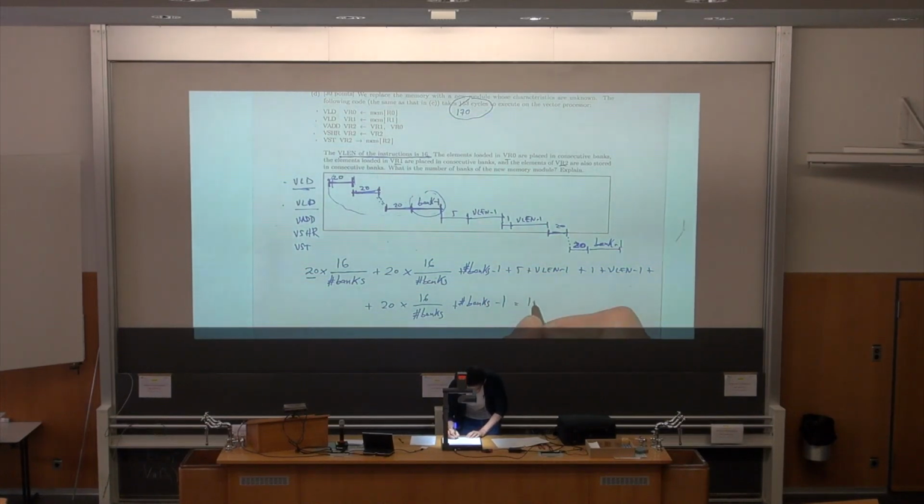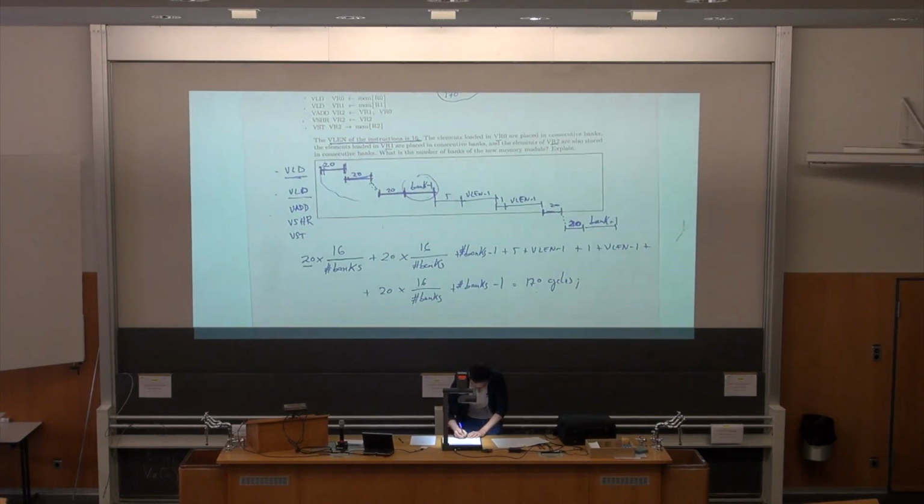And this is equal to 170 cycles. And from here, we will get that the number of banks is equal to 8.